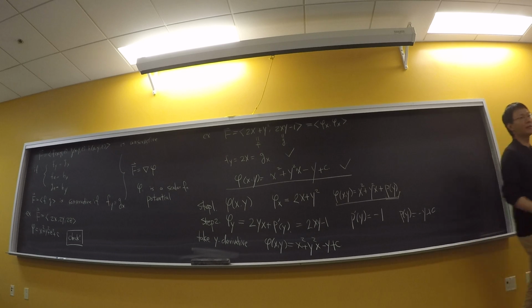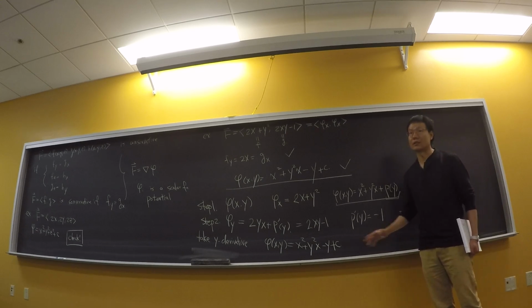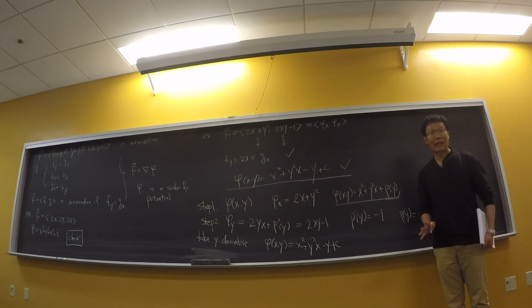So if you have two variables, you can find this potential function within two steps by looking for its dependence on each variable individually. In the first step, you find all the dependence on x. In the second step, you find all the dependence on y. You put them together, and you get the potential function. Here is what I highly suggest to you.